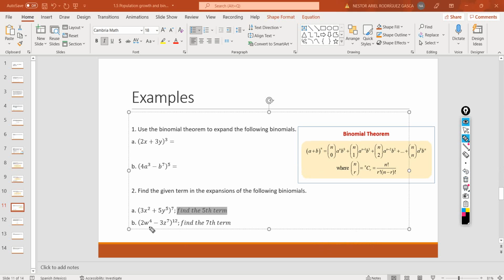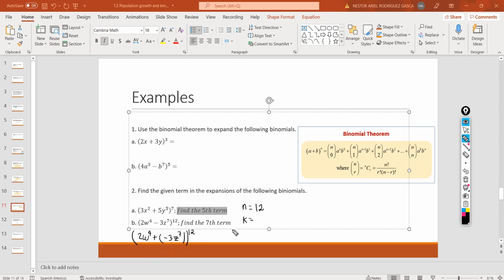Remember, we first have to put this binomial into the form of an addition, like so, to the 12. Now you can go on finding the 7th term. In this case, what is your n? Your n is the exponent, which is 12.